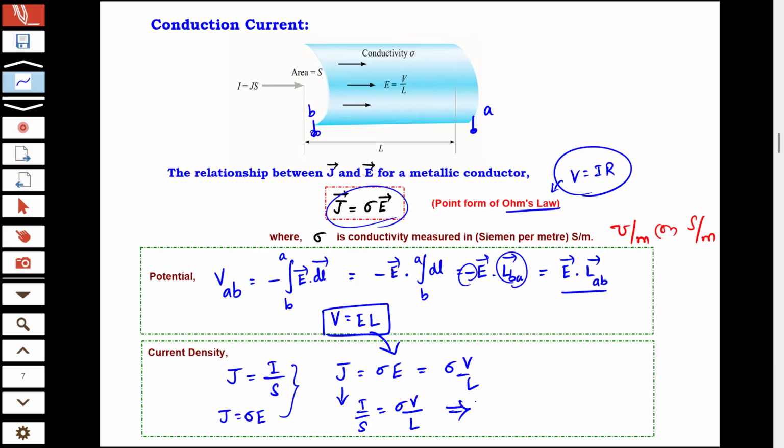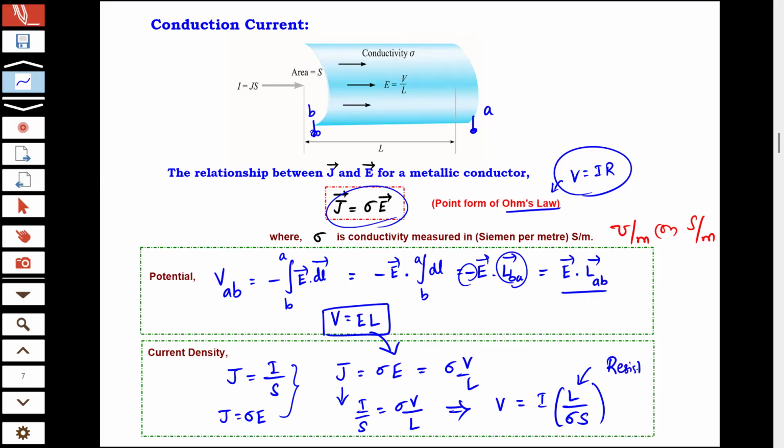Now from this relation, we can write V equals to I into, we will be getting L by sigma S. So we will be moving this L to the numerator, sigma and S will come in the denominator. So now when we look at this expression, it is nothing but the resistance.